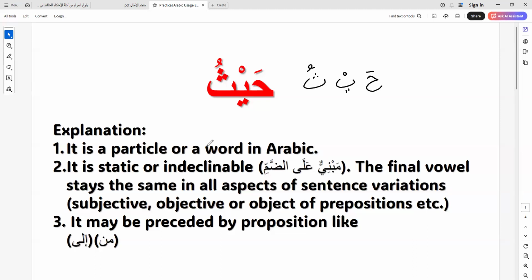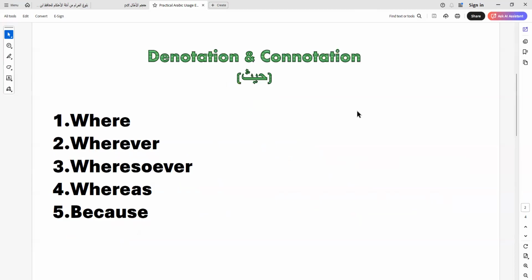Haythu is haythu. However, haythu may be preceded by prepositions like min or ila. It's a very useful Arabic word.